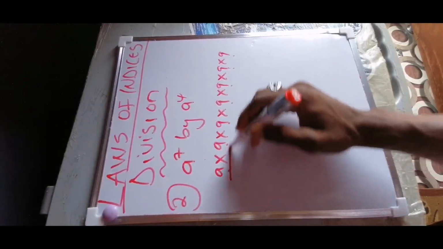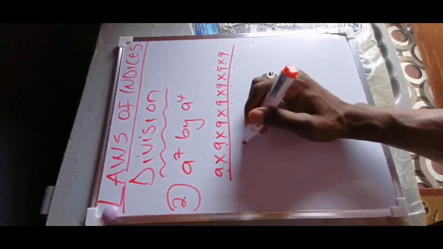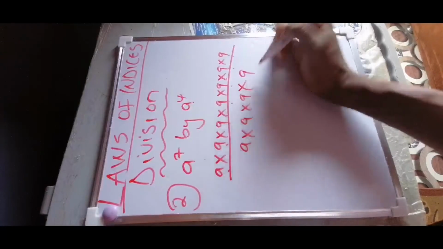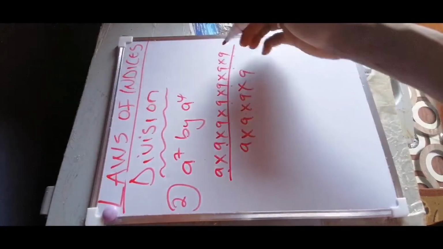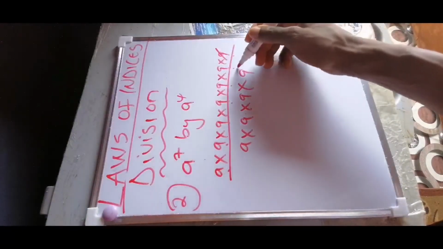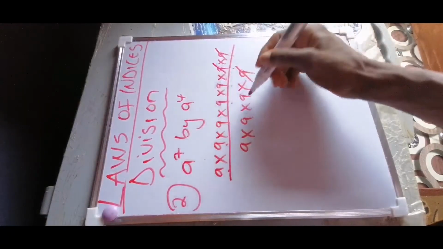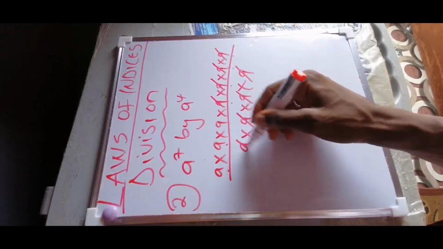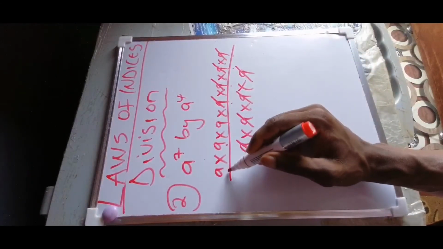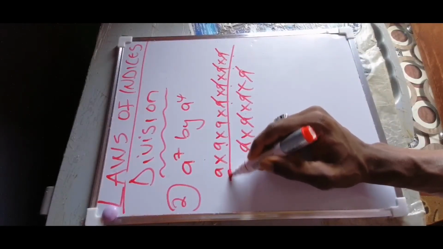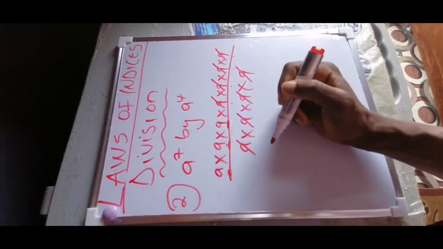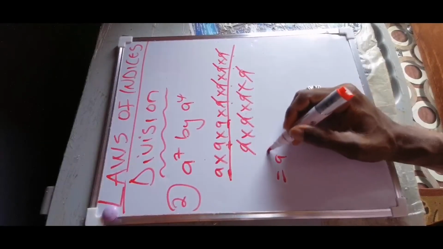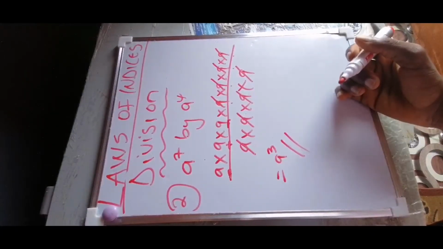We have 7 a's, divided by 4 a's: a times a times a times a. So we are going to start our cancellation. This a goes with this a, this a goes with this a, this goes with this, this a goes with this a. So our remaining a's are the first one, the second one, and the third a. So our answer equals a raised to the power of 3. That is our final answer.